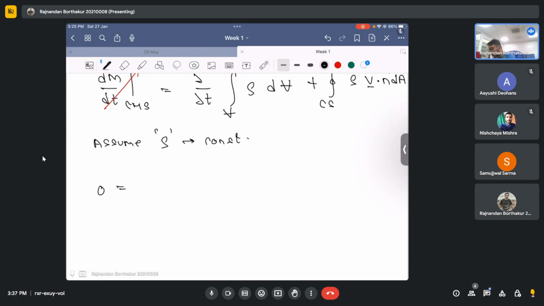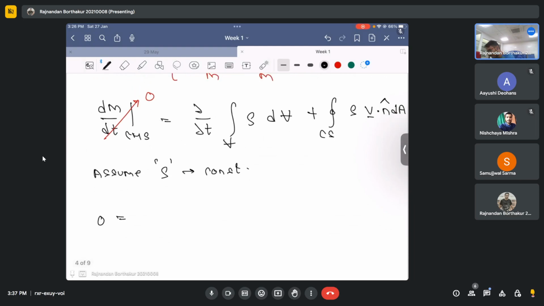So if I simplify the above expression, this turns out to be rho times del t of the integral over V dV, plus rho times the integral over the control surface of v dot n cap dA.